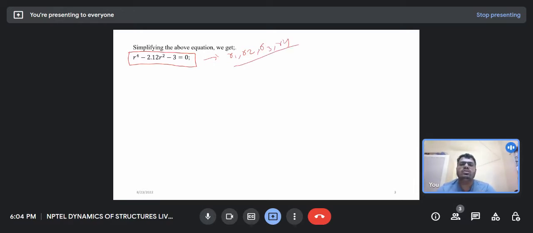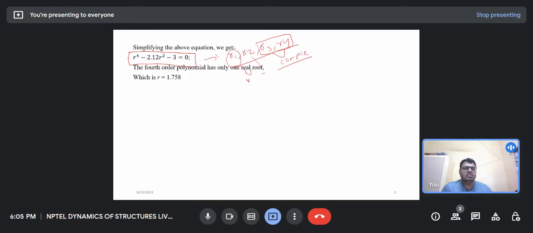Only one real positive root will be there, one is negative, and two are in complex form. If you solve this equation in the calculator, for the real root you get r equal to 1.758.